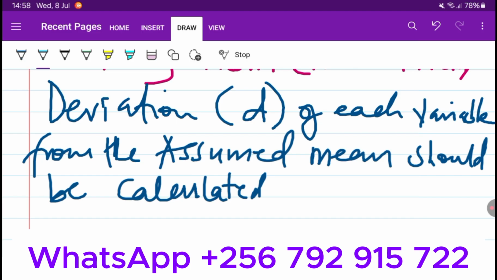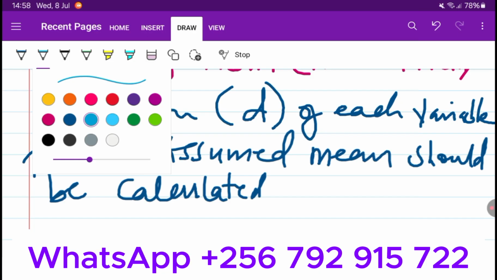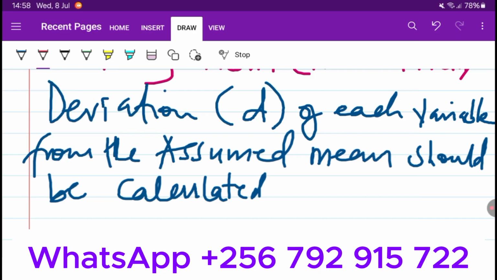It's a deviation from the assumed mean. So this d is going to be equal to the value that we are taking off, maybe x minus the assumed mean. Let me just call it am, assumed mean.